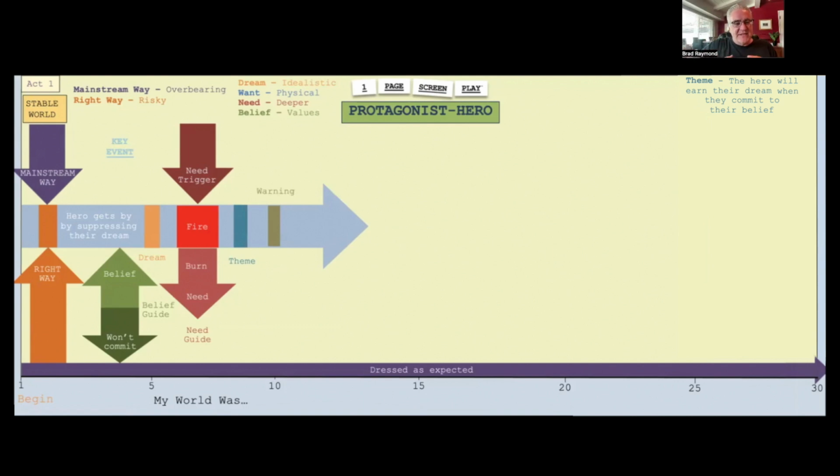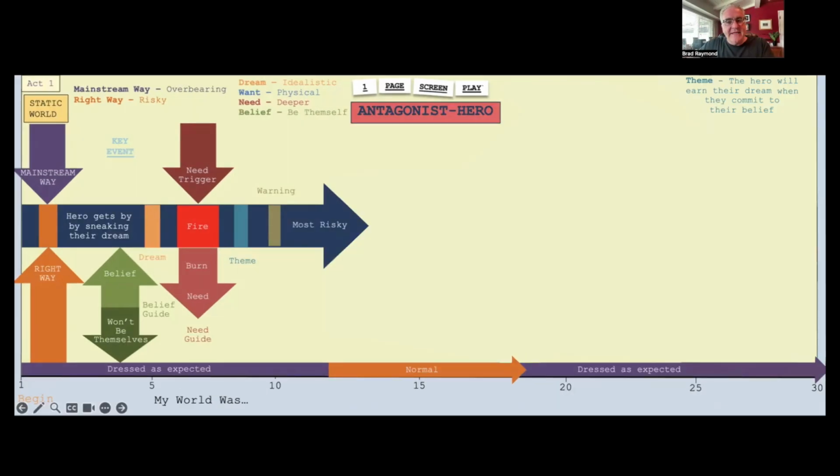So it's suppressing who they are as a person, for whatever reason. In the antagonist hero, the hero gets by sneaking their dream. So it's kind of like living two lives. So I put here dressed as expected, and then normal, meaning just who they are, their natural self. In different movies, it could be Ratatouille.